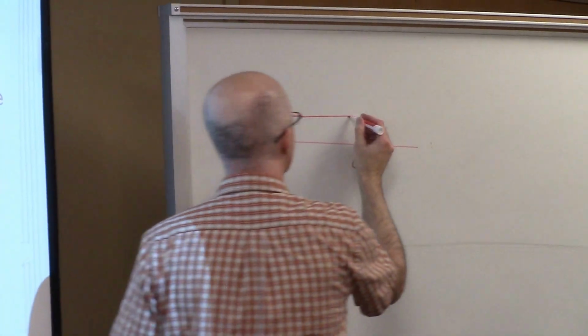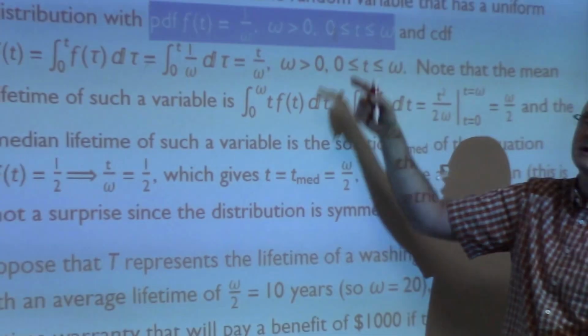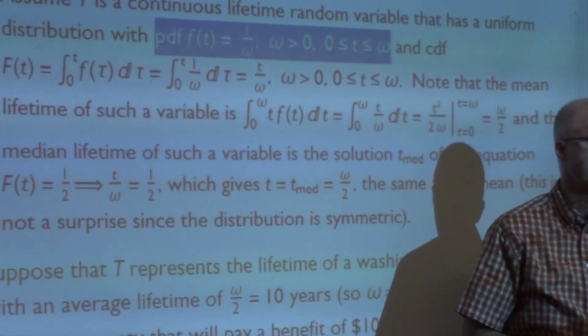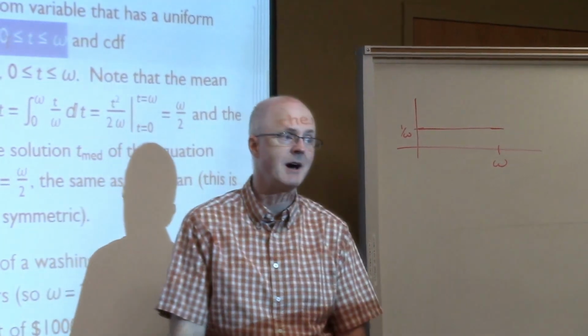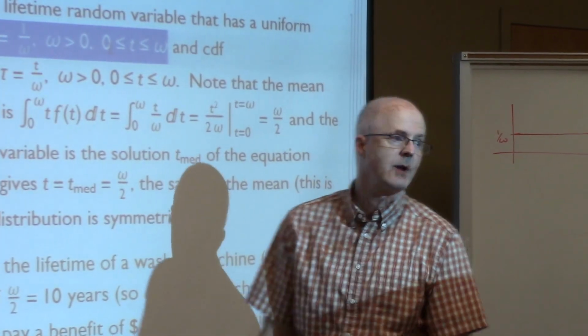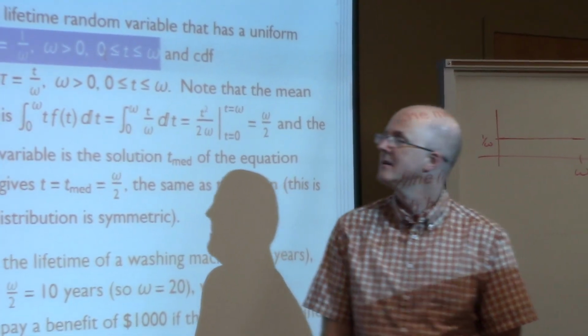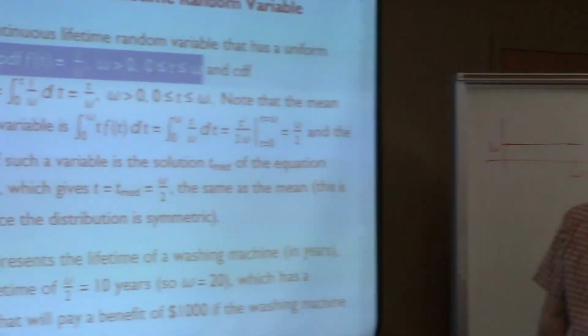So the formula for this function is 1 over omega when omega is positive and t is between 0 and omega. Omega is the maximum lifetime under this model. Not saying that's realistic, I'm just saying that's what the model is. Don't worry initially here whether things are realistic or not. Okay. That would be for people who actually have data, and we don't.